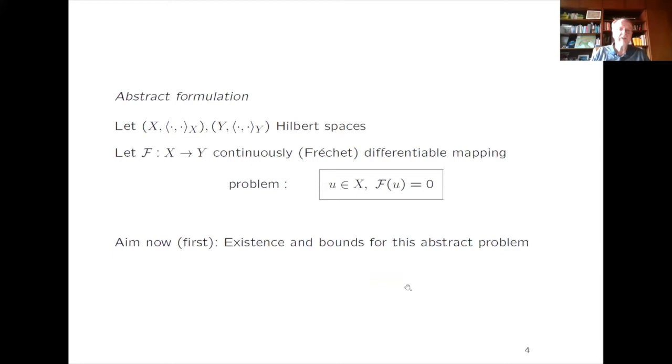Well, the abstract formulation here, which I want to consider first, is the following. We have two Hilbert spaces, X and Y, and a continuously differentiable mapping F from X into Y. And the problem we are looking at is the zero finding problem for this nonlinearity F. So now let's first look at this abstract problem and look at how we can get existence and bounds for this problem.